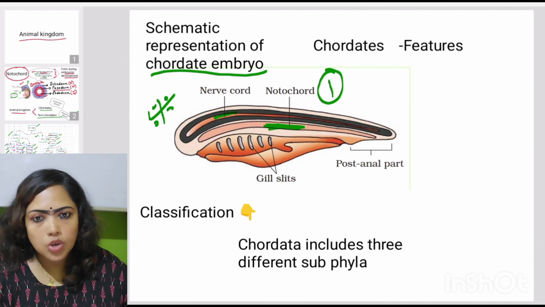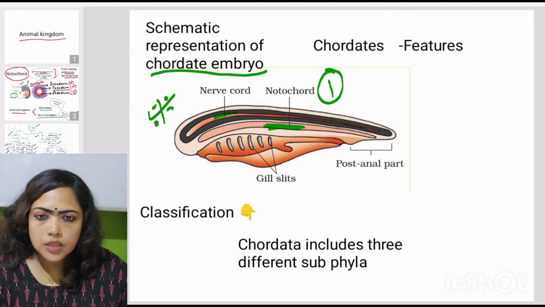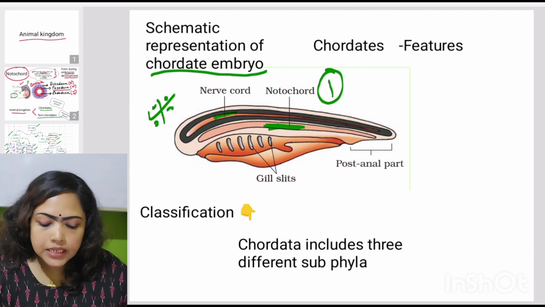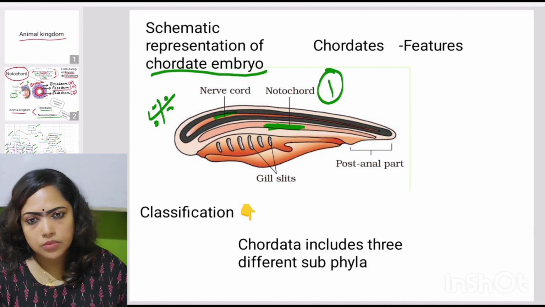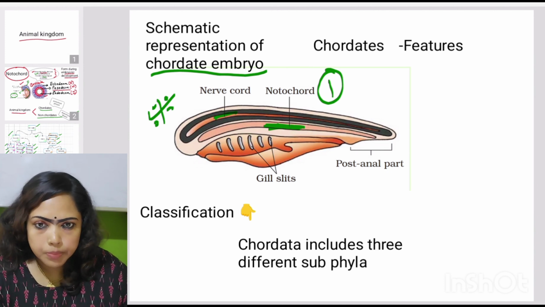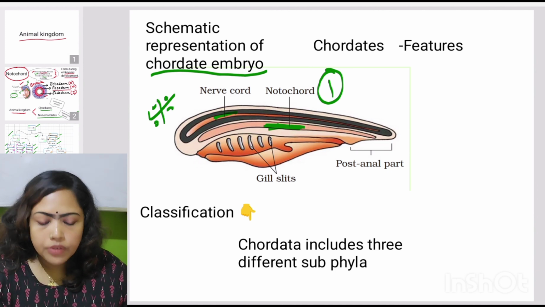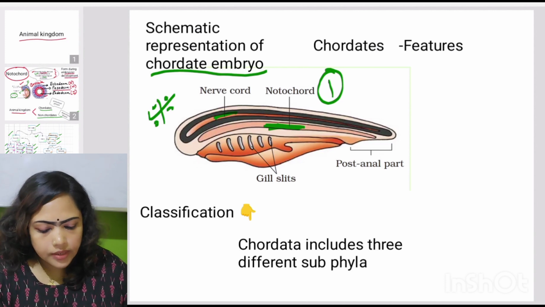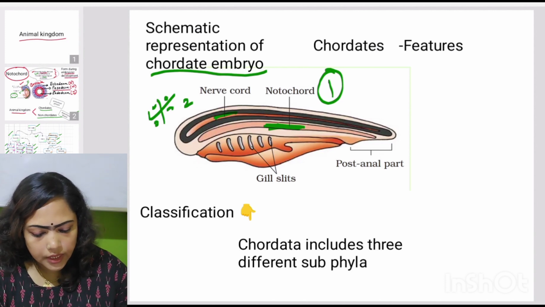What is the difference between the notochord and the nerve cord? The notochord is part of the skeletal system and provides support, while the nerve cord is part of the nervous system. It develops from the ectoderm germ layer and gives rise to the brain and spinal cord. So that is the second feature.